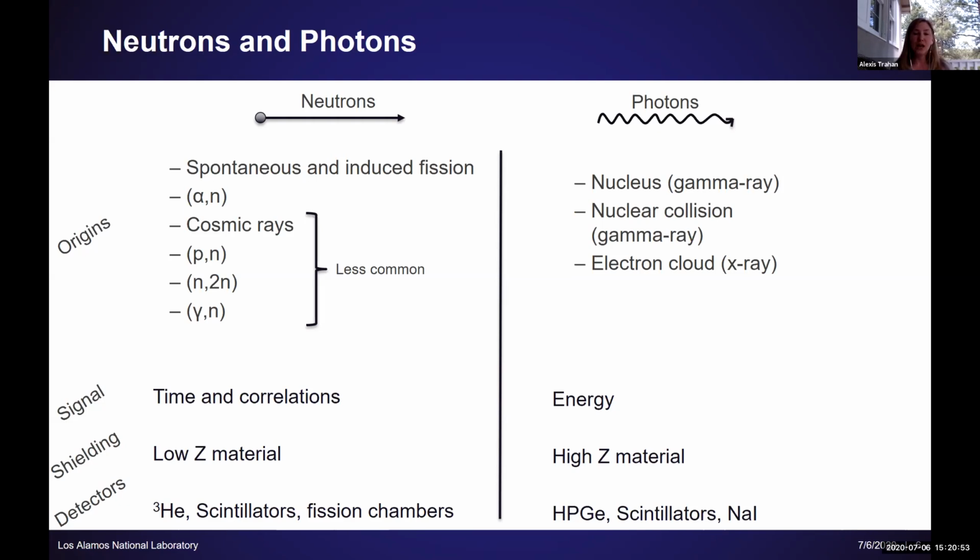And then this next piece is really crucial for NDA. The signal that we are interested in from neutrons is typically different than the signal we're interested in from photons. For neutrons, what we're typically measuring and interested in is time of arrival or time of detection, and correlations. With photons, we're interested in energy.